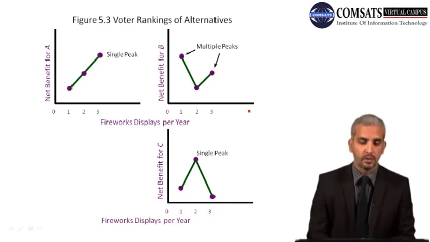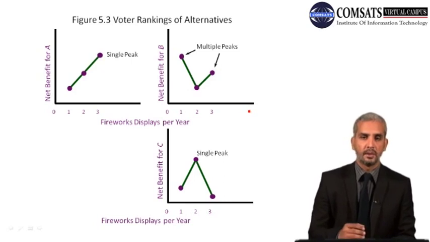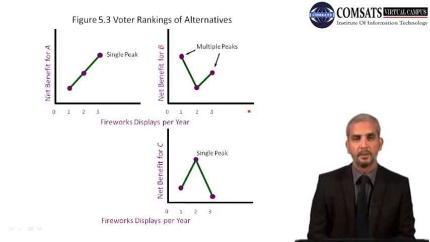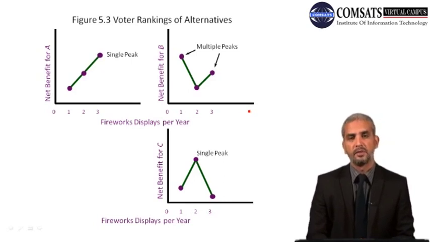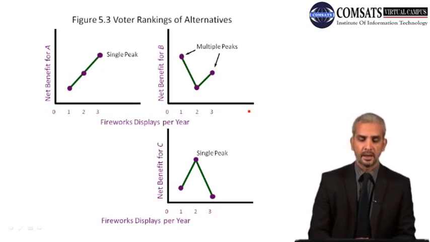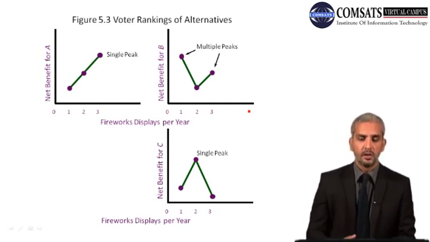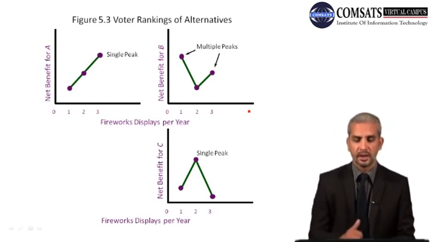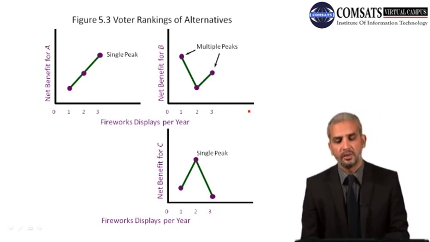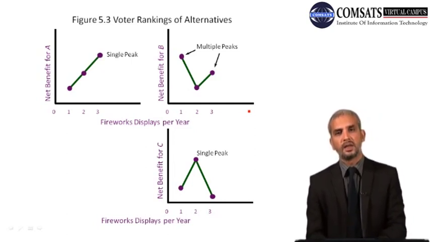Now let's come to individual B, who had multiple peaked preferences. In this case, his first choice would be 1 firework, then his second choice would be 3 fireworks, and his last choice would be 2 fireworks. You see in this graph, it is very clear that individual B is operating on the extremes.